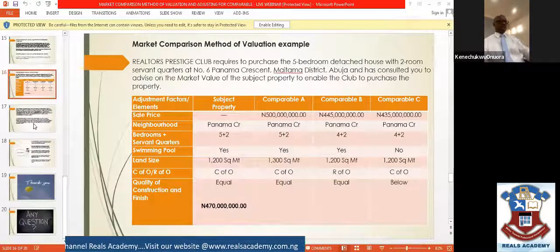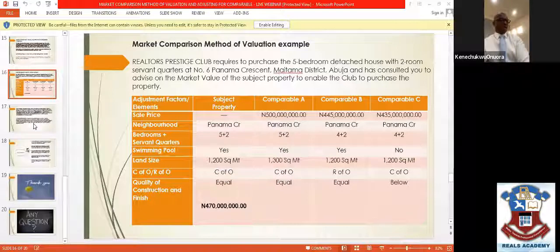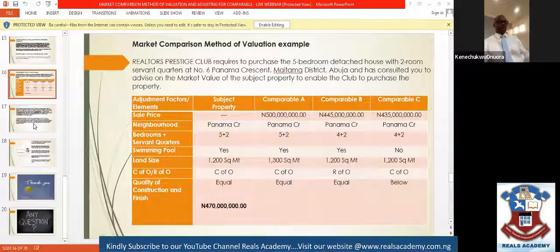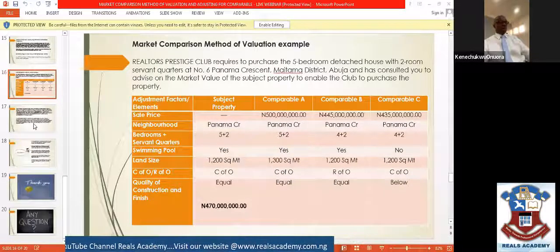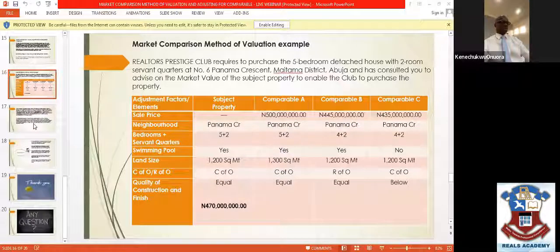The only difference here is the land area of 1,300, which is the only difference between comparable A and the subject property. So we have gone ahead to carry out a market survey on the land value for this area, and it comes to 300,000 naira per square meter, and that difference gives us about 30 million naira.